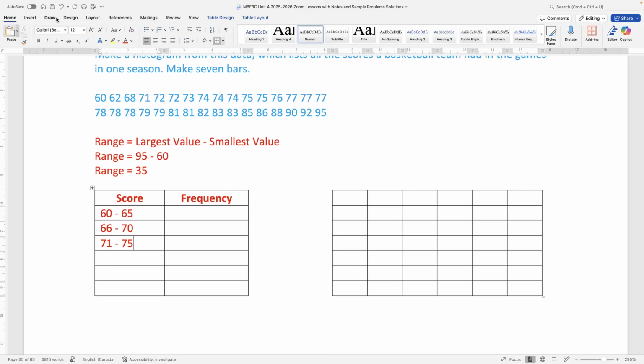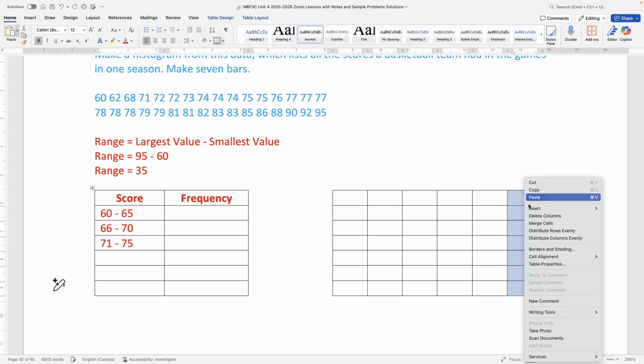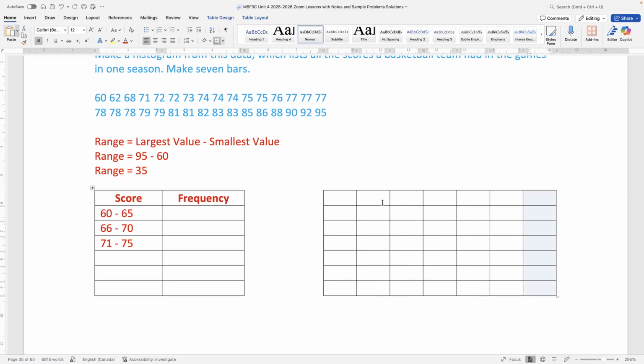another column to my table. I'm just drawing a table. I'm going to insert to the right. So now I have 1, 2, 3, 4, 5. I want 7 bars. So 1, 2, 3, 4, 5, 6, 7.